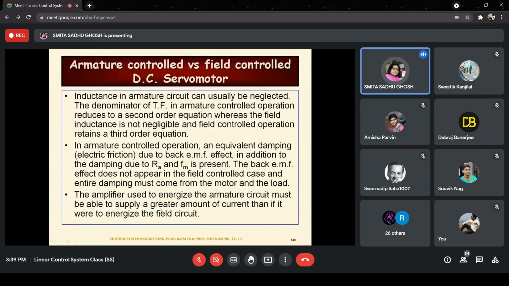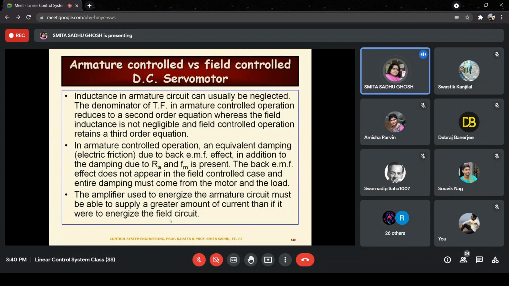So in the armature controlled operation, an amplifier which is able to supply that large current would have to be used, because it has to supply the armature current which is typically large. On the other hand, in the field controlled mode, such an amplifier may not be required. So the amplifier used to energize the armature circuit must be able to supply a greater amount of current in the armature controlled mode than in the field controlled DC servo motor, where it would energize only the field circuit, which does not require a large amount of current.